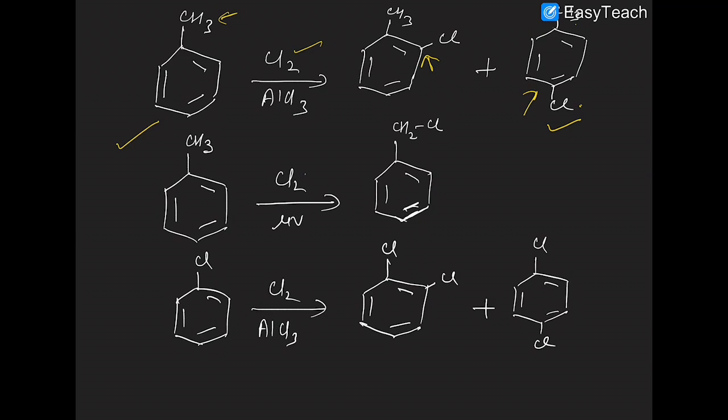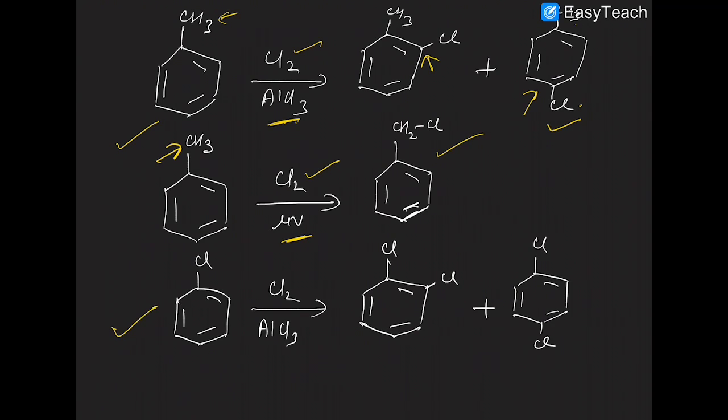Similarly, if you take the same reaction but AlCl3 is not present, it means the first step, that is the initiation and formation of the electrophile, does not happen. So if you use ultraviolet light, then on this benzylic carbon, free radical substitution will take place and give you benzyl chloride.